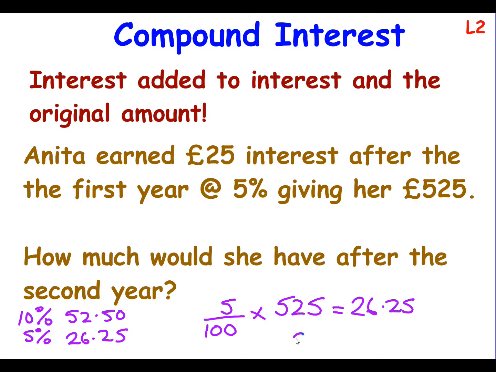Add this to our 525 that we're starting with, and her amount after the second year is £551.25. And that is compound interest, the interest after 1 year calculated, and then the interest on that interest in the second year.